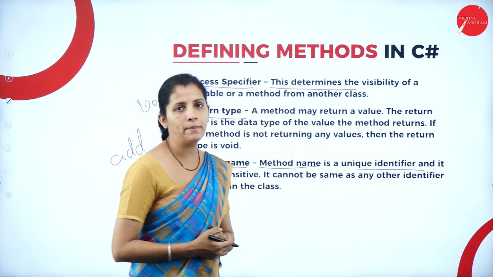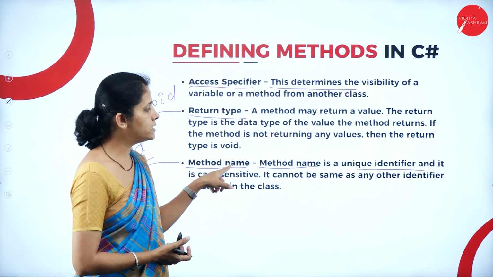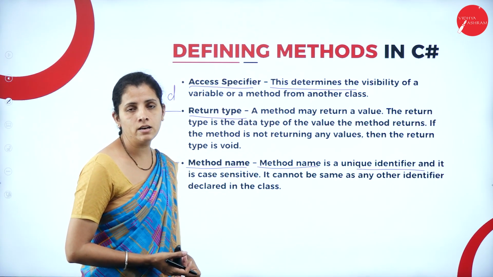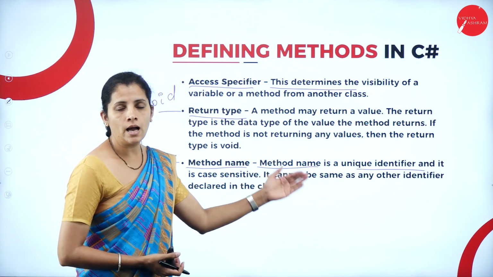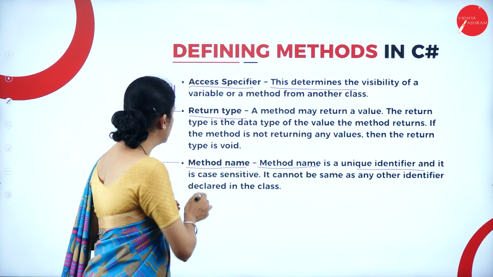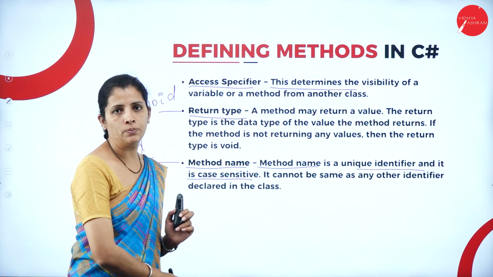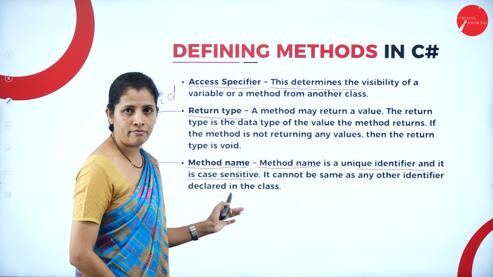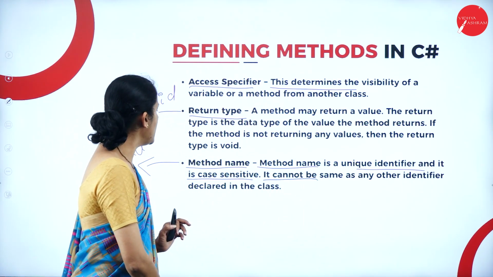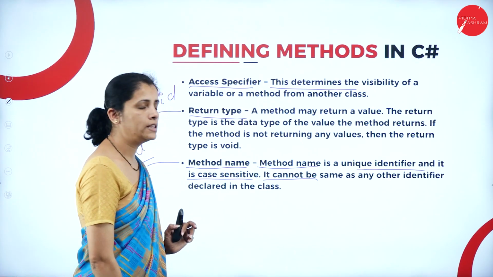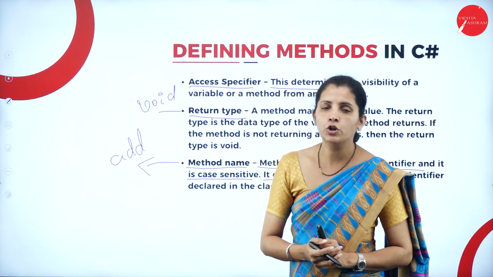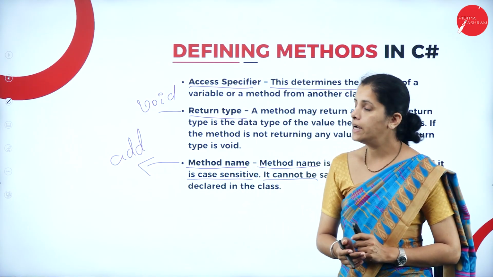It's nothing but a programming element. So here, the method name is the unique identifier, and while defining an identifier, I want to follow some rules. That is the same as identifier rules, and it is case sensitive. Whatever method name I specify is case sensitive. It cannot be the same as any other identifier declared in the class. That means whatever method name we specify must be unique.